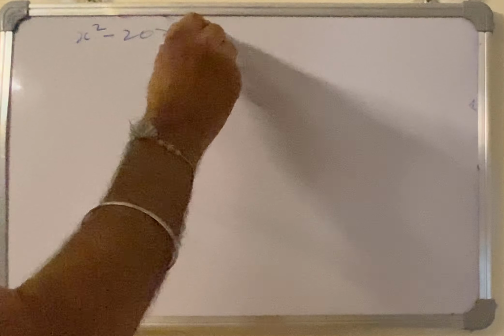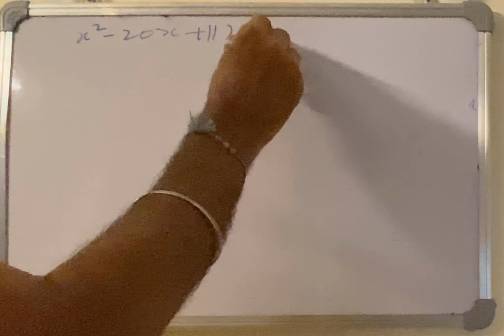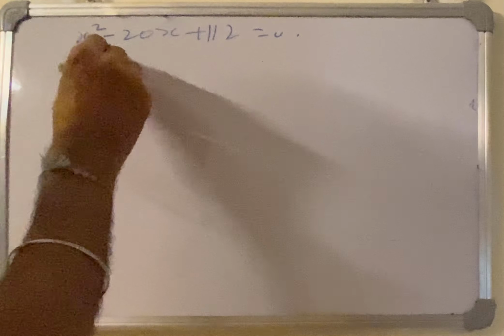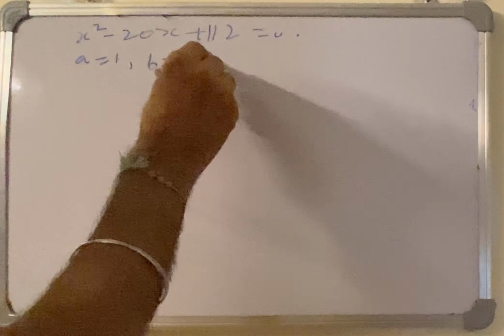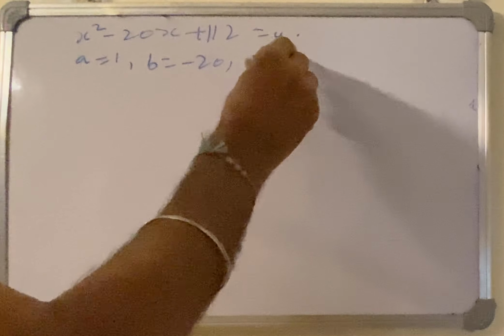So the quadratic equation is x square minus 20x plus 112 is equal to 0. So a is 1, b is minus 20, c is plus 112.